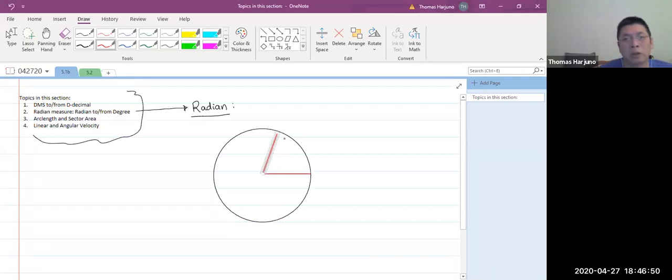So think of it this way. Now this theta is in radians, and theta is defined to be the arc length over the radius. This is the radius, this is the arc length.